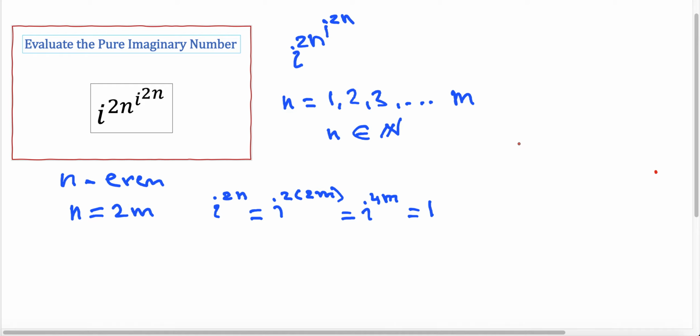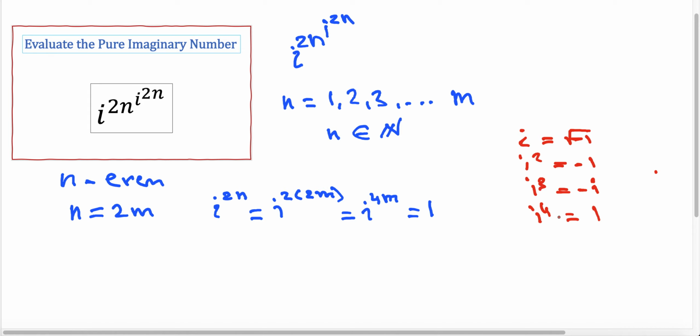As we know, i is the square root of minus 1. i squared is equal to minus 1, i cubed is equal to minus i, and i to the fourth is equal to 1. So this pattern is going to repeat as we increase the power by 1, in other words, as we increase with respect to natural numbers.